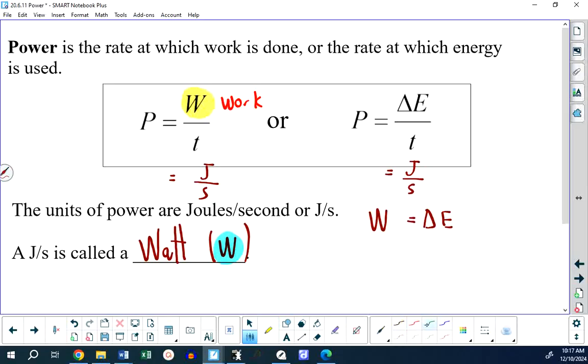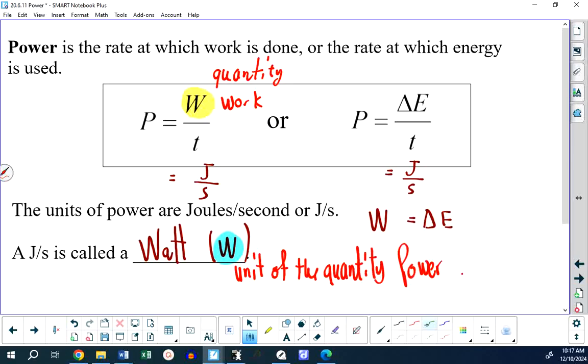So this is the quantity of work, a variable in an equation. The W for the unit is a unit of the quantity. But it's not the unit of the quantity work, it's the unit of the quantity of power.